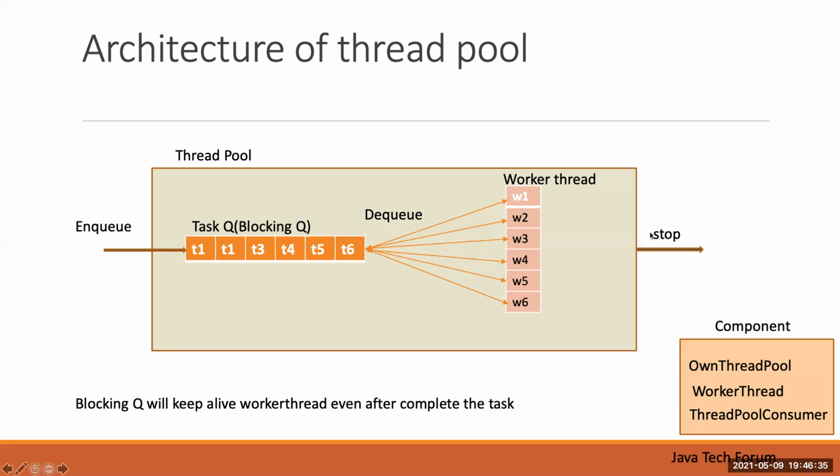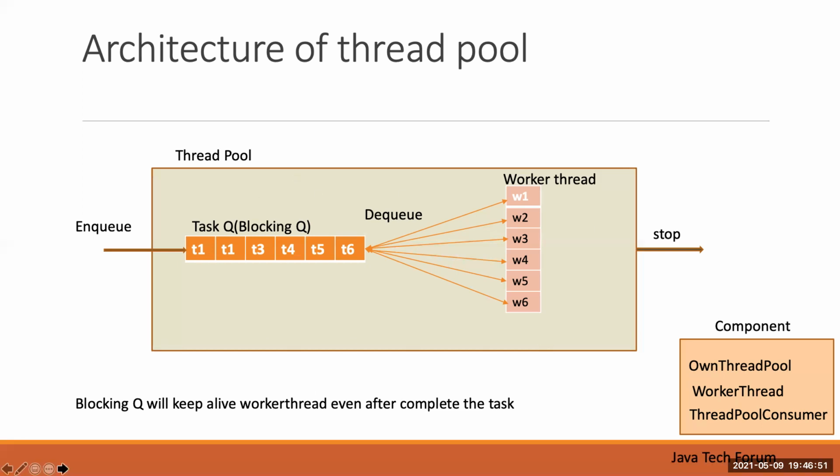Then next it should allow me to terminate, clean up or end this thread pool. So these three tasks are the basic tasks any thread pool we create should support.